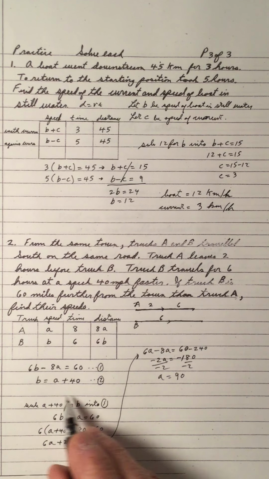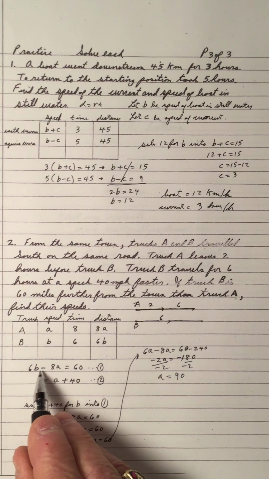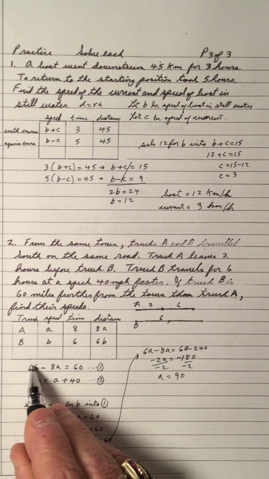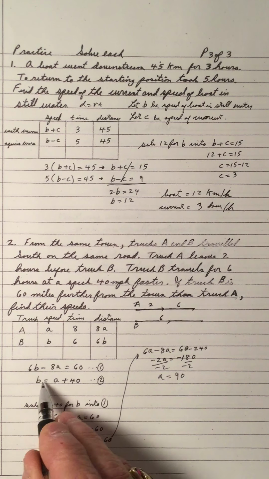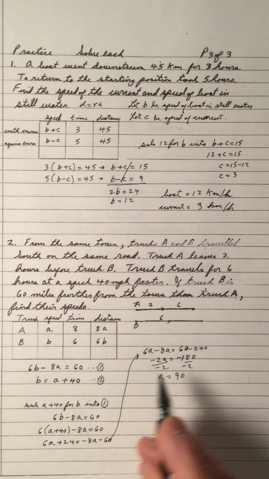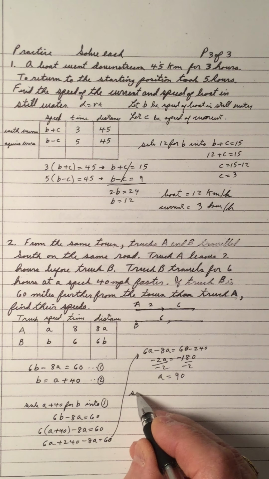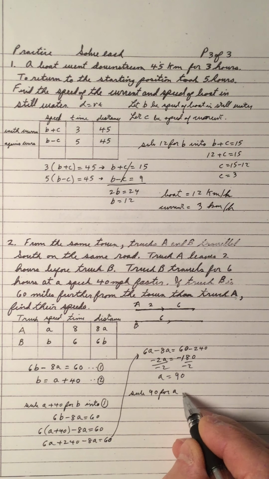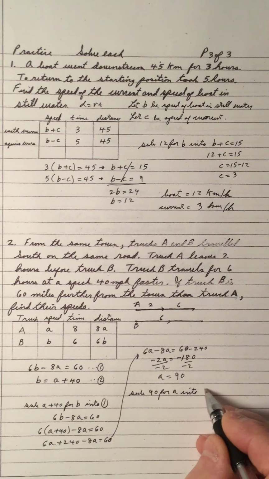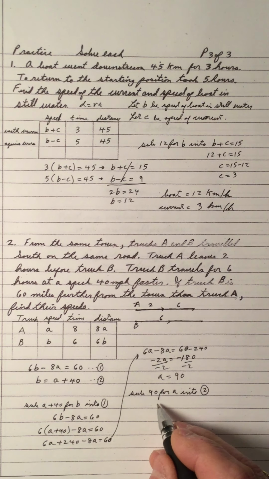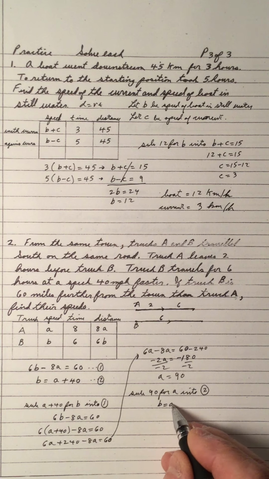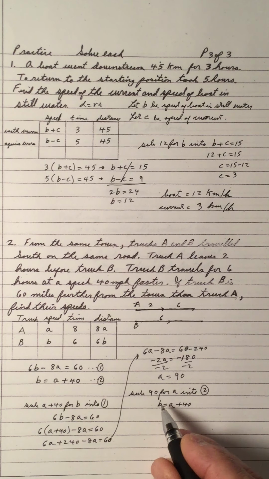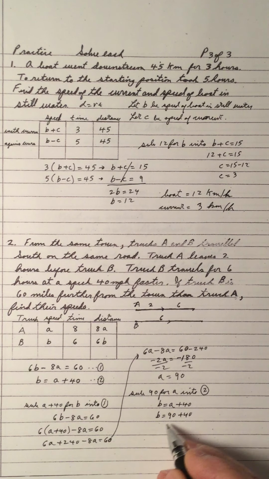Now I've got A, so I sub it in to work out B. This is the better equation because B is already by itself. I'm going to sub 90 for A into equation number 2, which is B equals A plus 40. So A is 90, so B is equal to 90 plus 40, so B is equal to 130.